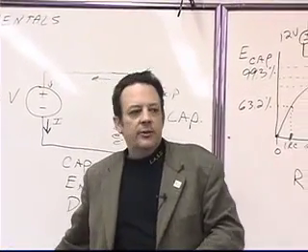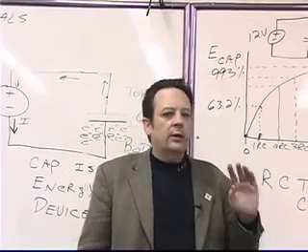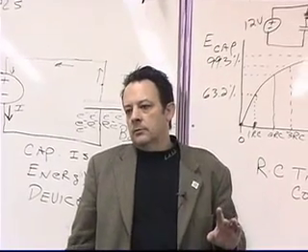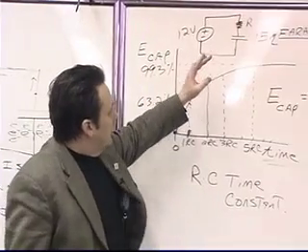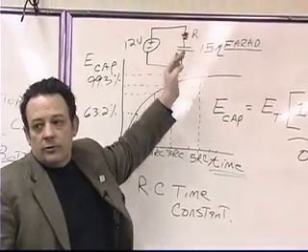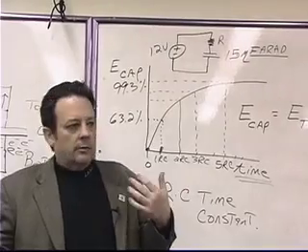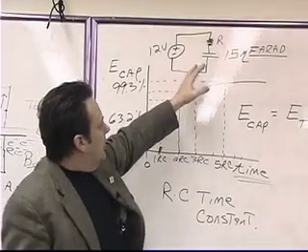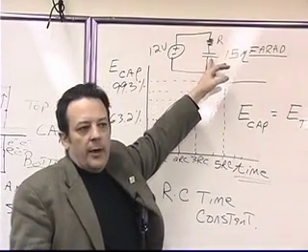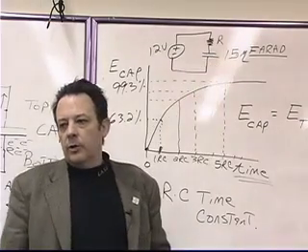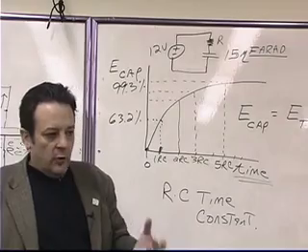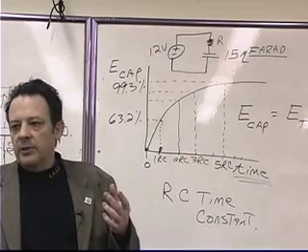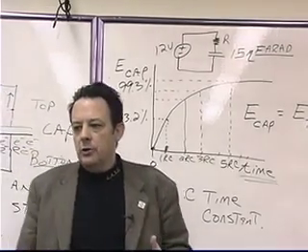So what we say is that 99.3, good enough. Once the voltage across the capacitor is 99.3% of whatever the voltage on the battery is, then we say that the capacitor is fully charged.